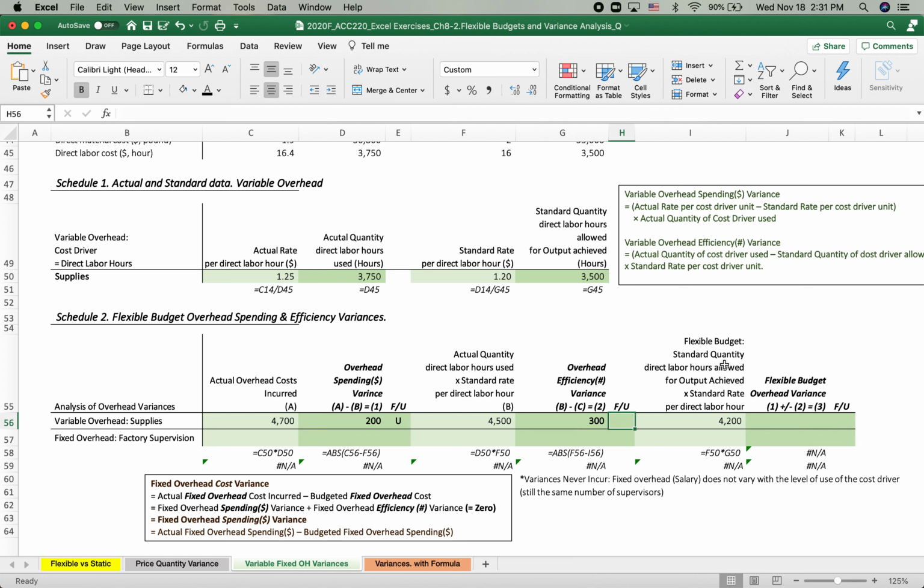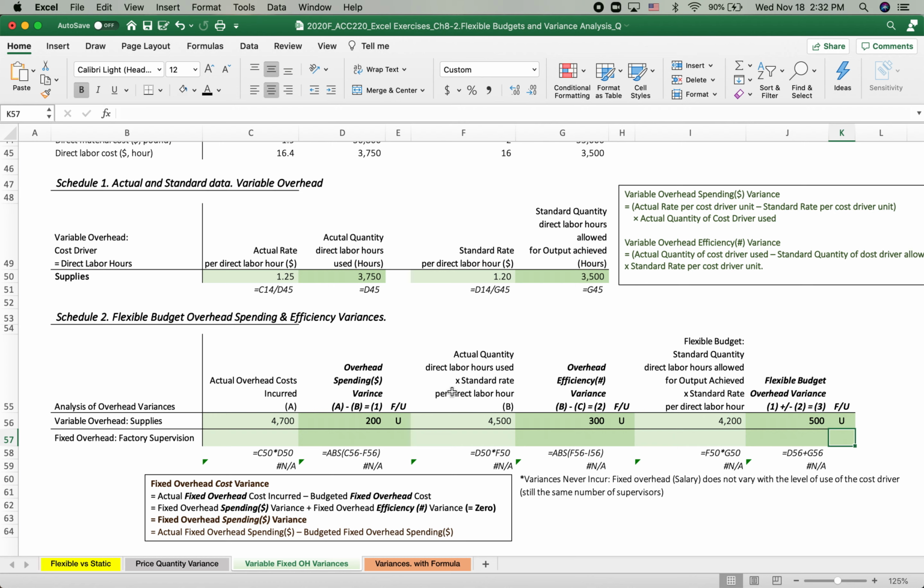The flexible budget with the standard quantity and standard rate is lower than the actual quantity and standard rate, so it is unfavorable. As we practiced in class, if we have two variances that are both unfavorable, we can just combine them, because the flexible budget overhead variance is the sum of the overhead spending variance and the overhead efficiency variance. So we can just sum up the unfavorable results.